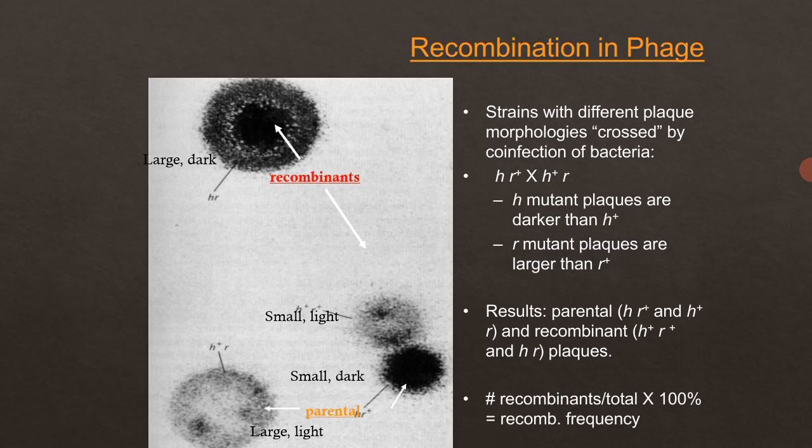So H plus, the wild type, is the light color plaques, and R or R plus means the smaller. So the wild type will be larger or lighter and smaller. Now what they did, they crossed the two mutants: HR plus crosses H plus R phages.